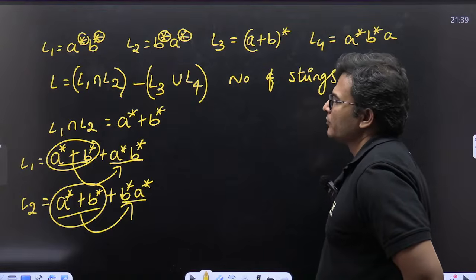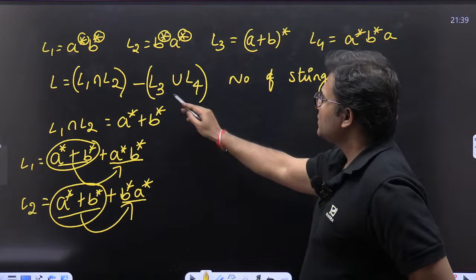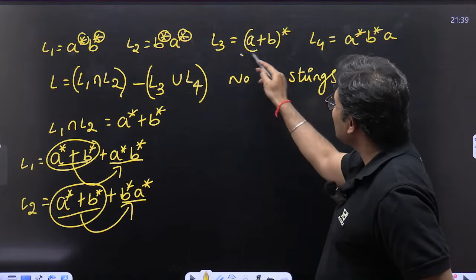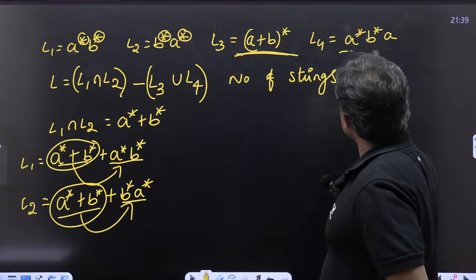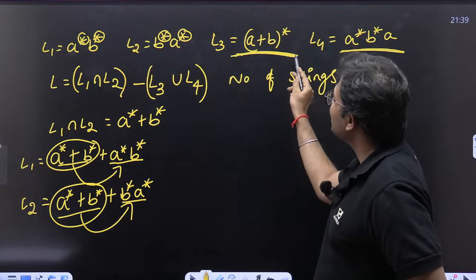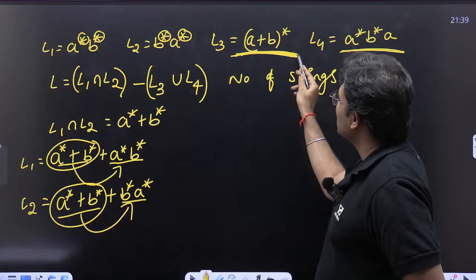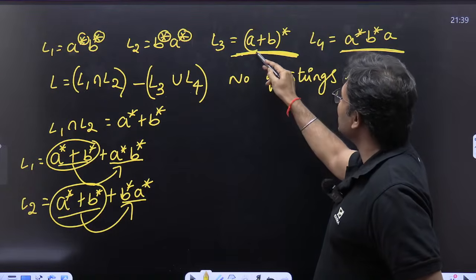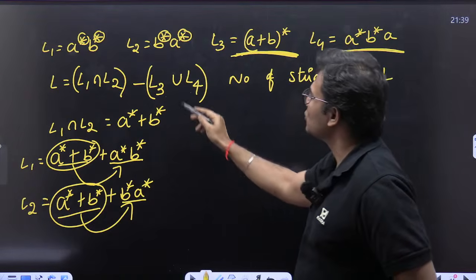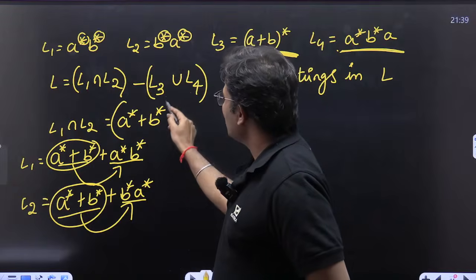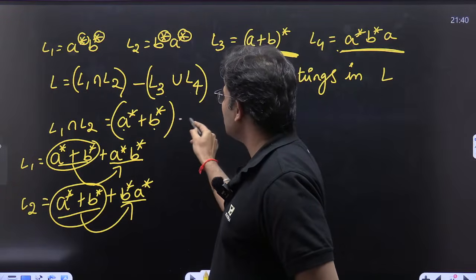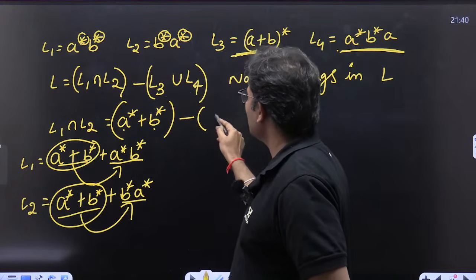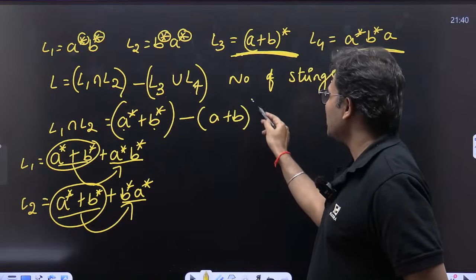Now what is L3 union L4? L3 is the universal set, right? If you union anything with the universal set, you get the universal set only. So L1 intersection L2 is A star plus B star, minus L3 union L4, which is A plus B whole star.